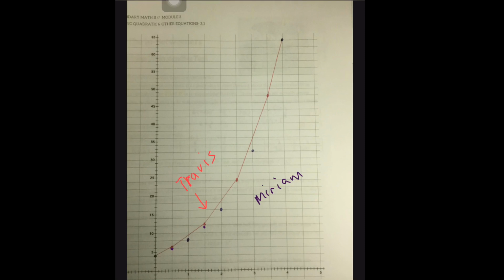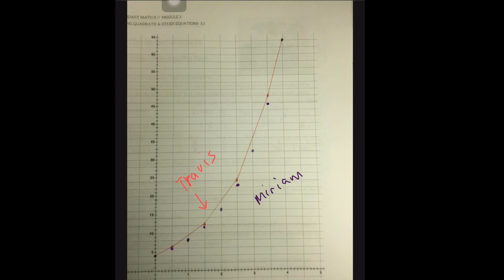3/2. Here's 22.6. So it's about right here. And then 7/2, which is at 45.2. 45 is right here, so it's about right there.